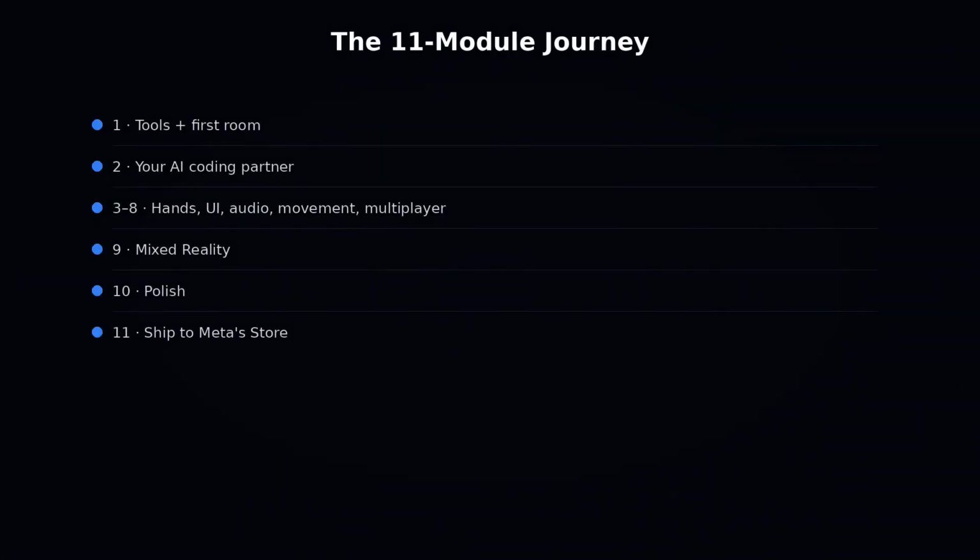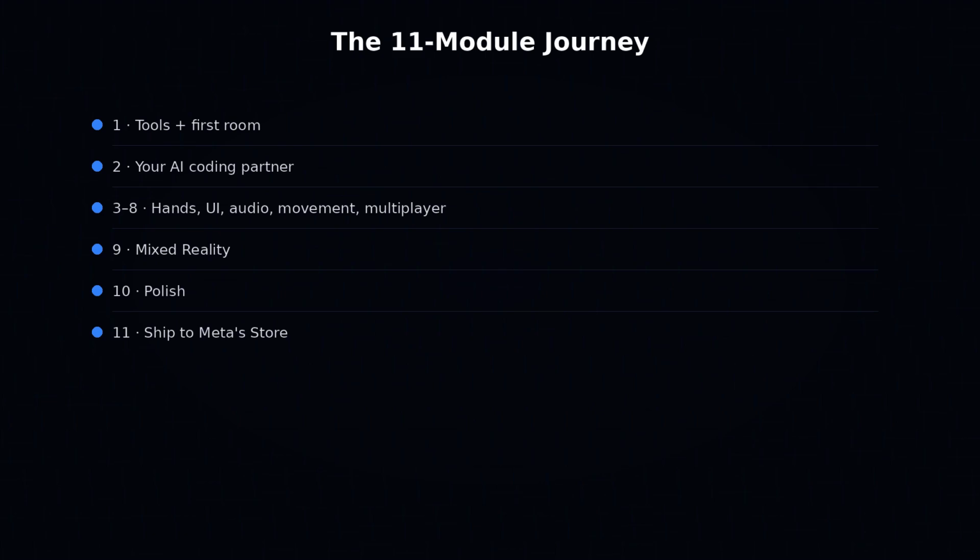Here is the journey ahead. 11 modules. Module 1, today, we set up our tools and build our first room. Module 2, we set up our AI coding partner. Modules 3 through 8, we add hands, interface, audio, movement, saving, and multiplayer. Module 9 is the one that makes your resume different.